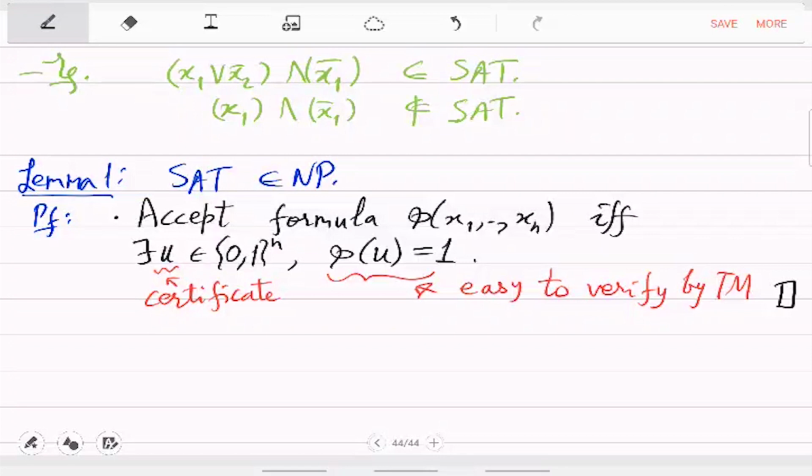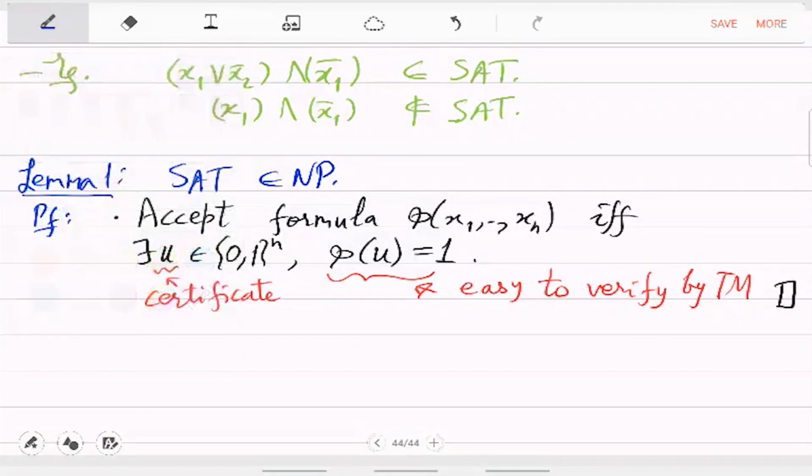Basically the certificate is just the alleged assignment, and the verifier is just the algorithm that will substitute in phi and evaluate the value. Since this is just a formula, you can easily calculate the value by a Turing machine, by an algorithm.